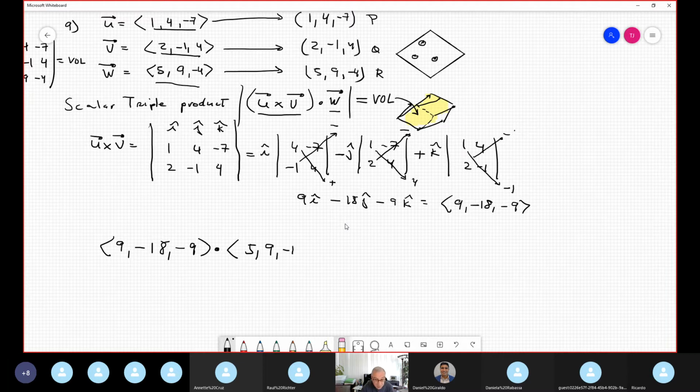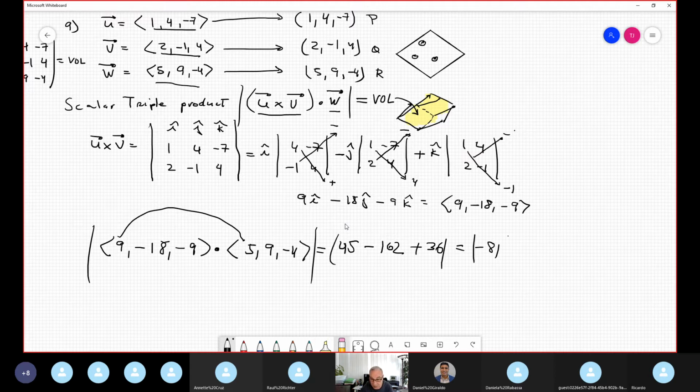So you multiply component by component: 45, 9 times 5, no? And -18 times 9 is minus 162. And finally, 9 and 4 is positive 36. And the answer is -81. I don't care about the sign, because you take the absolute value of this.